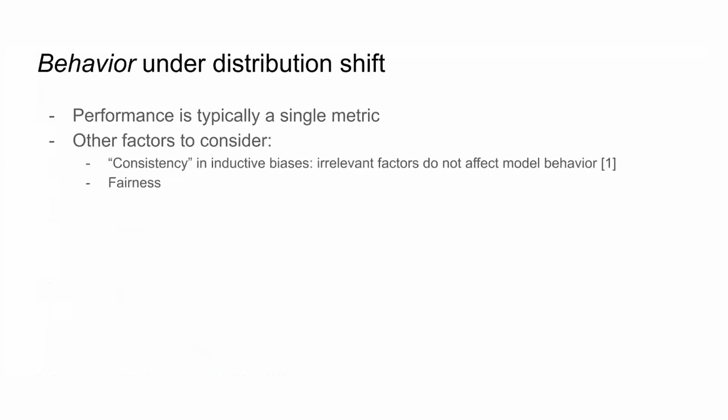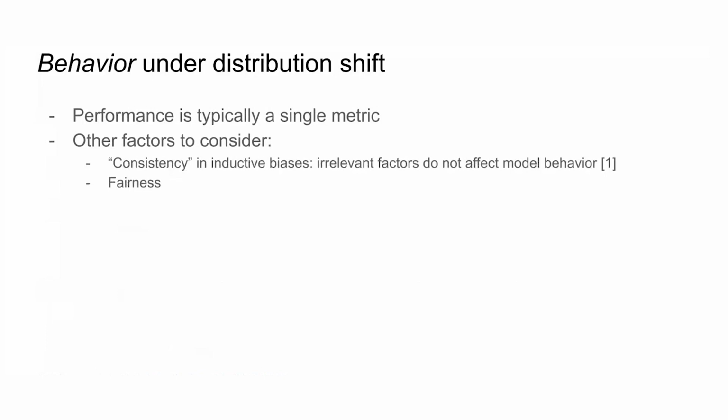When we look at the robustness of a model, what we actually want to know is how it's going to behave under distribution shift. This also helps us understand what it has learned and what type of inductive biases it's actually relying on. Performance is usually a single metric that we look at, but is that enough?